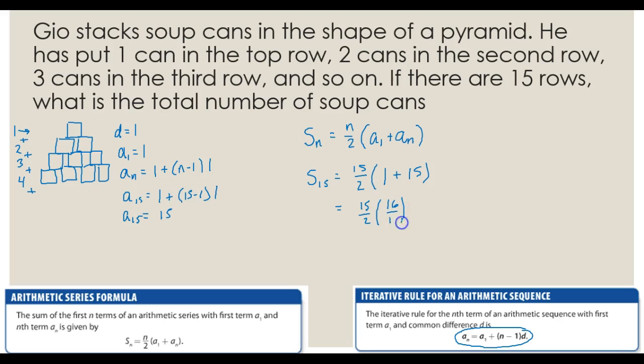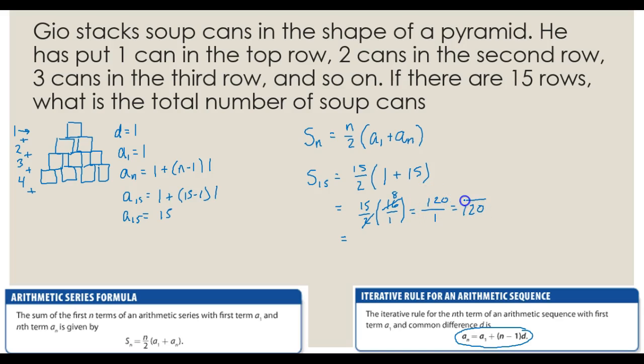We'll put it over 1 just to make it easier to multiply the fractions. We can multiply across, but we can also recognize that that 2 divides into the 16, so 16 divided by 2 is 8, 2 divided by 2 is 1. So 1 times 1 on the bottom, and 15 times 8 on the top, that would be 30 times 4, which is 120.